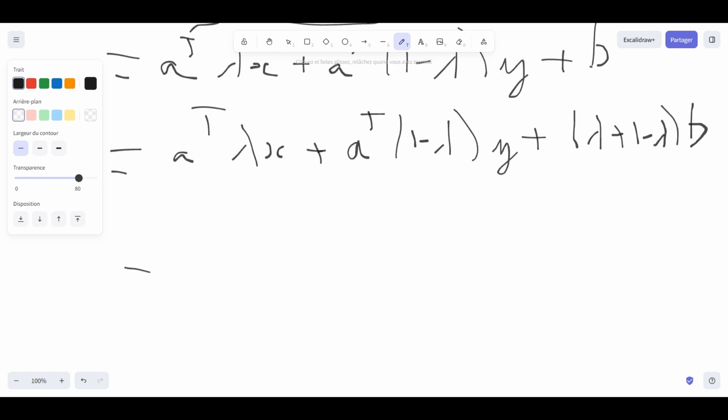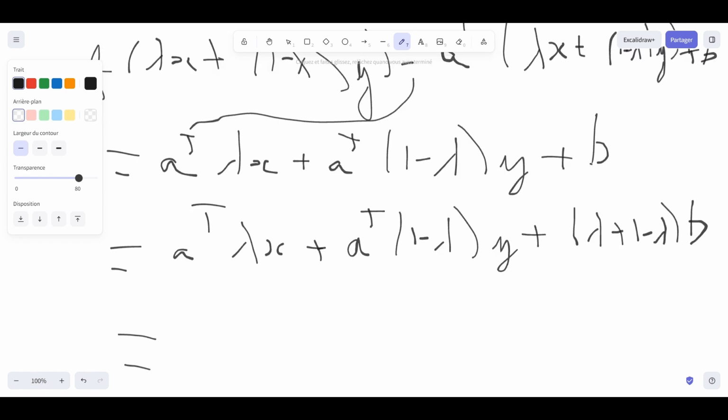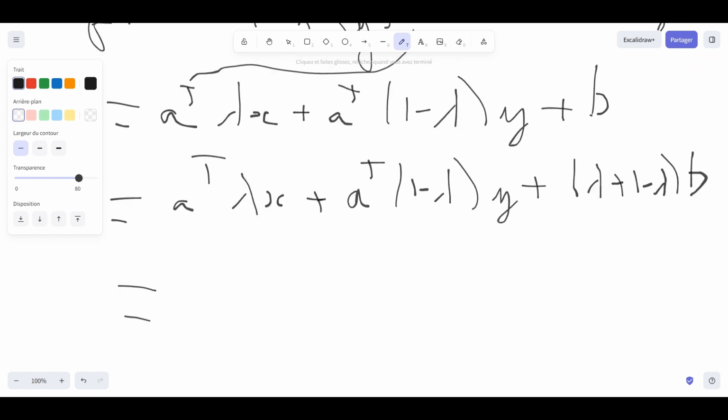And after, you can just regroup the stuff, trying to factorize by lambda and 1 minus lambda.